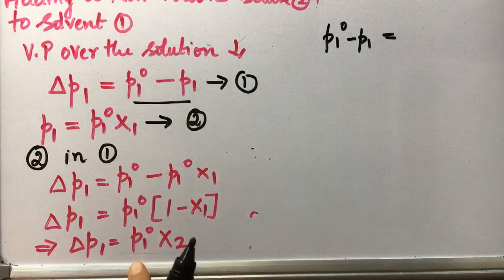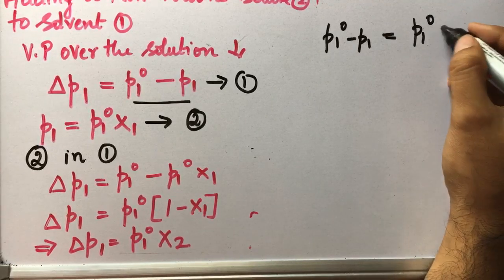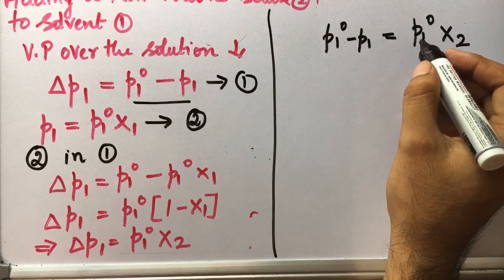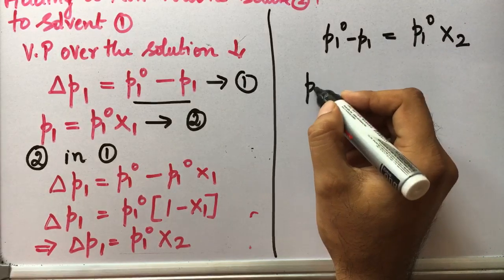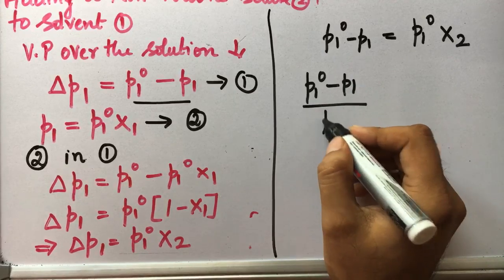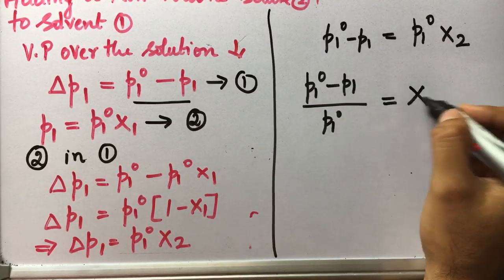That should be equal to, what have we written here? P1 naught into x2. Now bringing P1 naught to the denominator, we can write this as P1 naught minus P1 divided by P1 naught, which should be equal to x2.